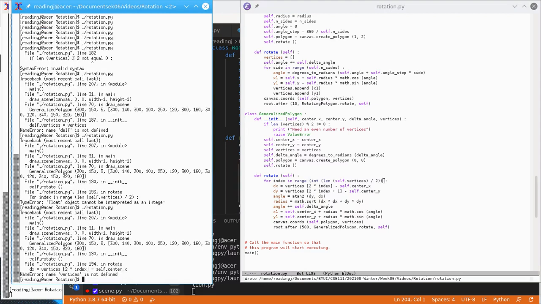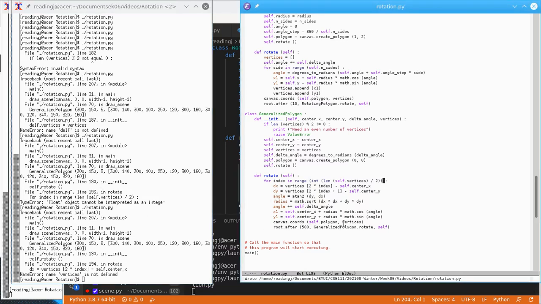Vertices is not defined. Ah. I forgot to set that. Okay, so this needs to be vertices, and I'll go back and correct vertices everywhere. 2 times index.